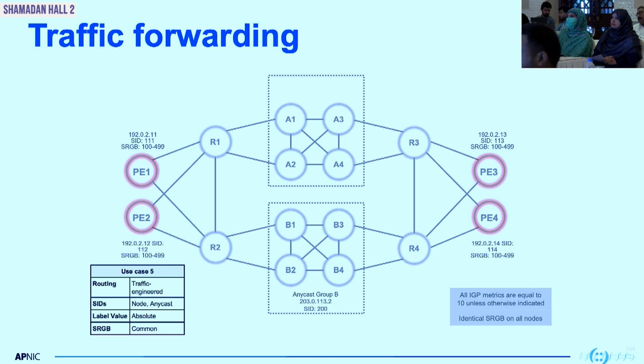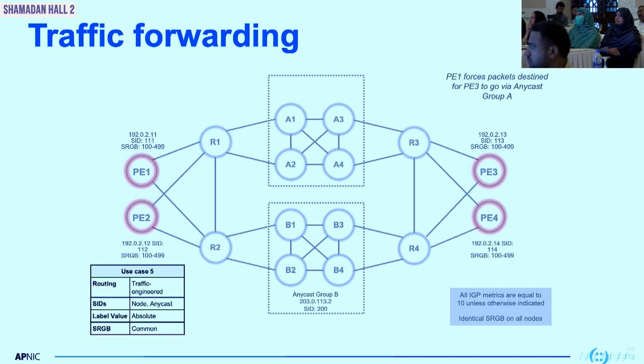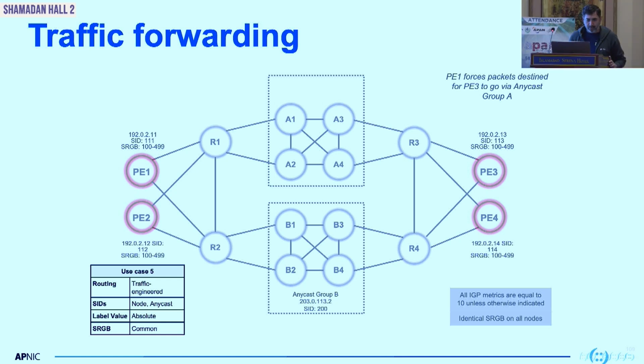So let's see how the traffic will be forwarded. In this case, P1 will force the packet to P3 to go via the APNIC group A. So what is the list of segments that it needs to push? It will put the VPN label, which is 10234, and then the label for the node SID for P3.